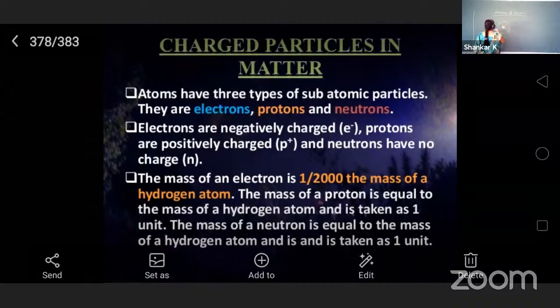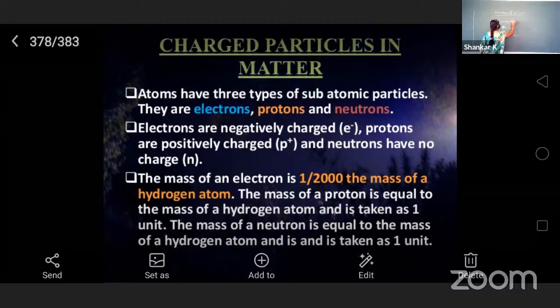There will be positive and negative charged particles and neutrons. Protons means positively charged bodies, neutrons means there are no charged bodies, and electrons are negatively charged.